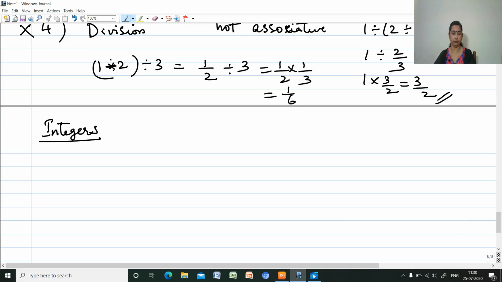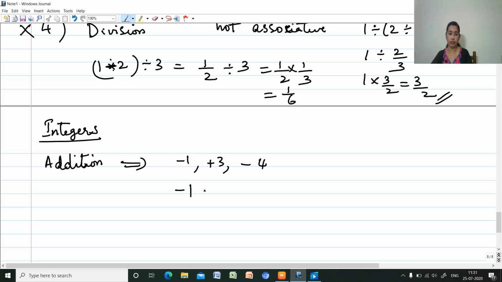Integers. In the case of integers, if I'm checking for addition, consider three integers, that will be -1, 3 and -4. One will take it as positive, -1, 3 and -4. So -1 plus 3 minus 4 is equal to -1 minus 1, that is -2.